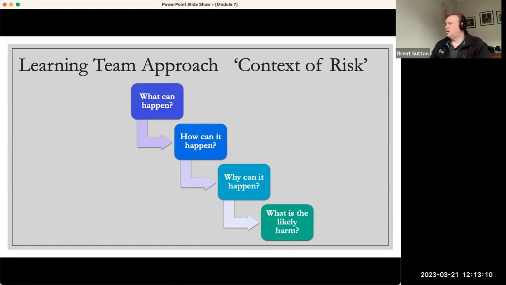I hear quite often that people say to me that risk assessments are subjective. By following this approach of the what, the how, the why, and the likely impact or the likely harm, you actually reduce that risk of subjectivity, because the whole group has seen how the impact exists by looking at the nature of work itself.